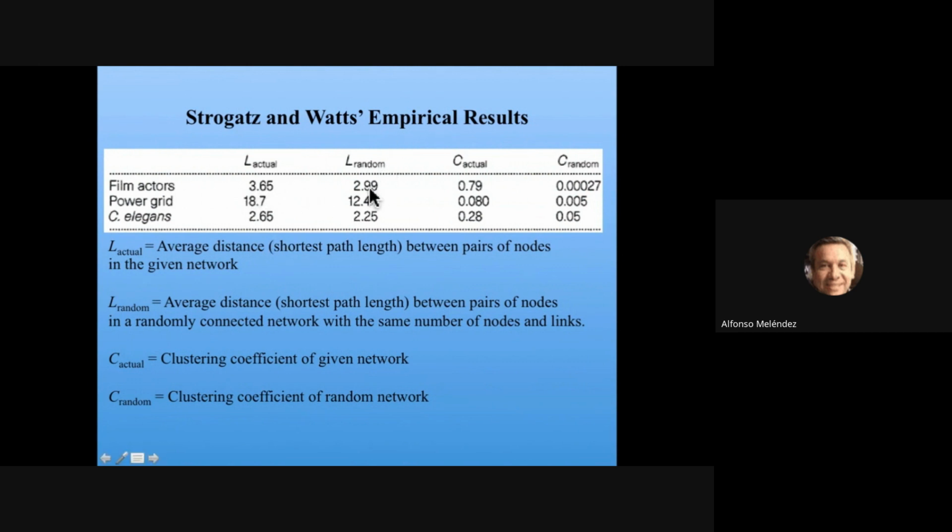You can see that the random average shortest path length is a little bit lower, but not too much lower. So each one of these has a relatively small path length for a huge number of nodes. And then they looked at the clustering coefficients of these networks. The clustering coefficients in the real-world networks were much, much higher than the clustering coefficients in the random network.